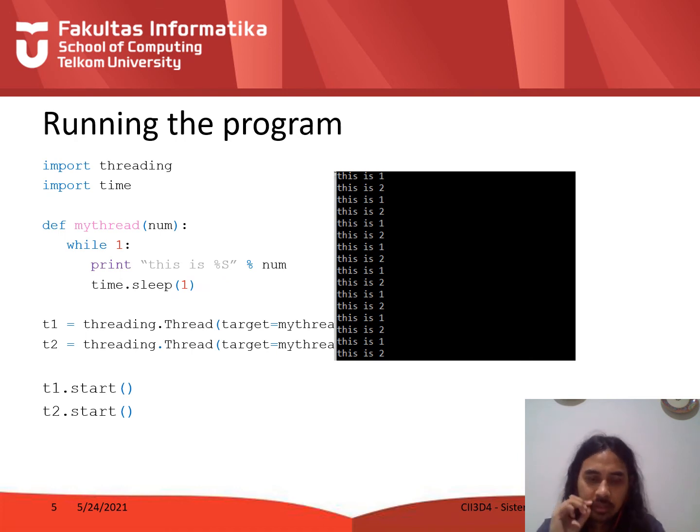This is the result of executing the program. Here we can see it runs forever, and it interchanges between 1 and 2, meaning that thread 1 and thread 2 are running at the same time, but printing different things interchangeably.